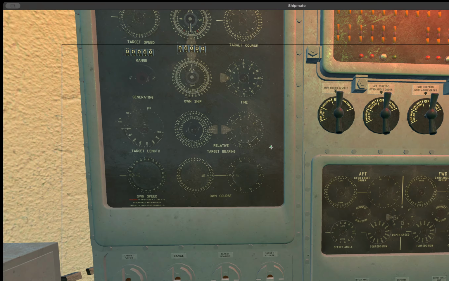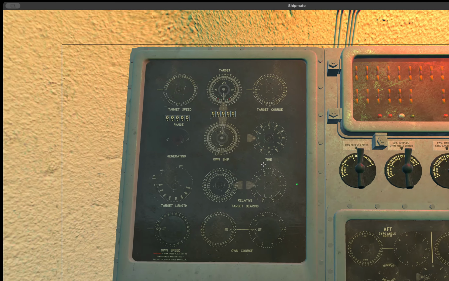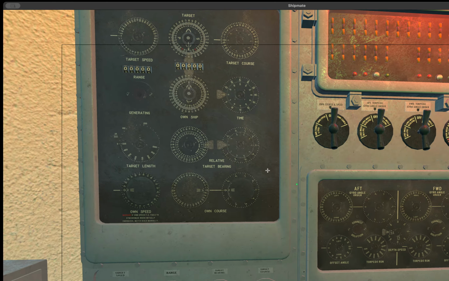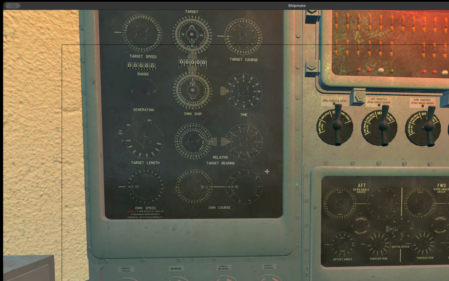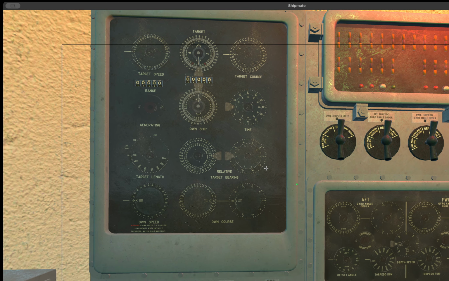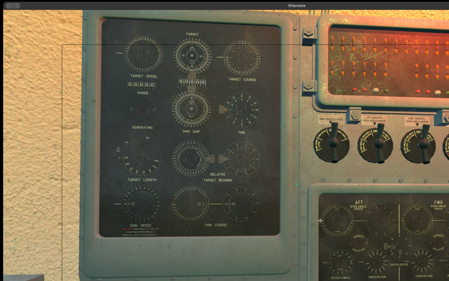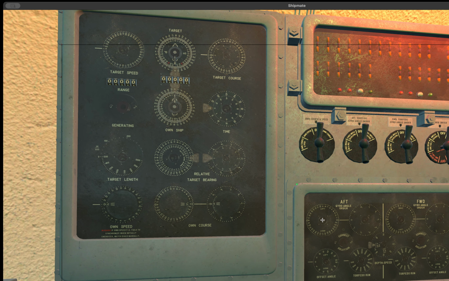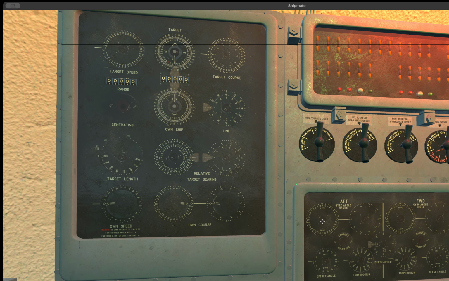What I want to present is that I implemented the fully functional TDC, including the position keeper and angle solver. I used the ordnance documentation for the specific type of TDC, which I found was for the Mark 3.